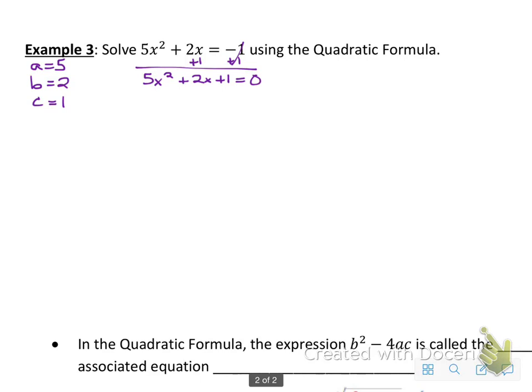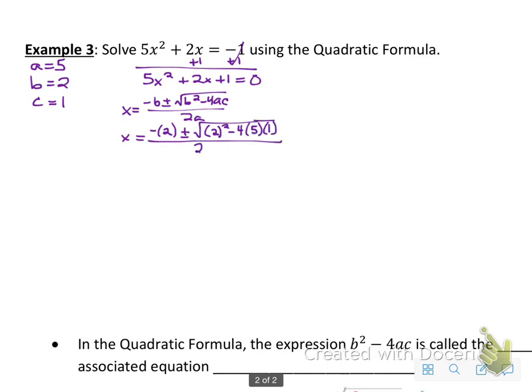So now we write our quadratic formula. X equals negative b plus or minus the square root b squared minus 4ac all over 2a. Then we replace things. So we have negative b, which was 2, plus or minus the square root of 2 squared minus 4 times 5 times 1 all over 2 times 5.